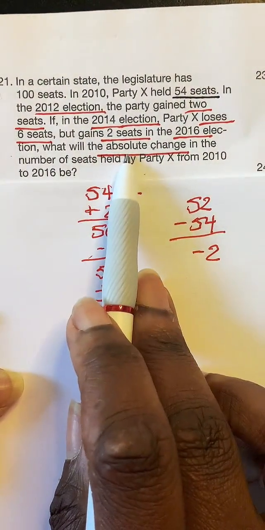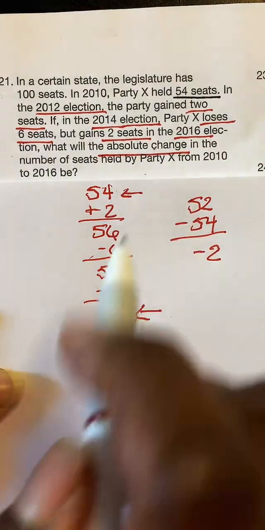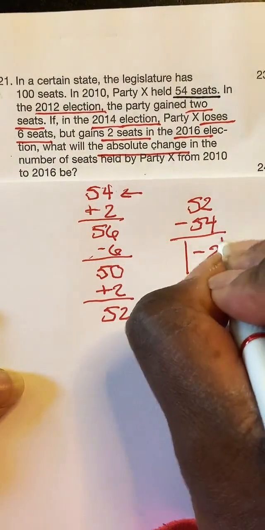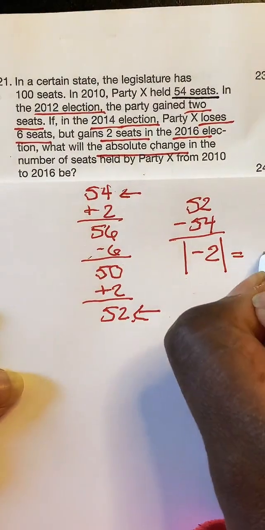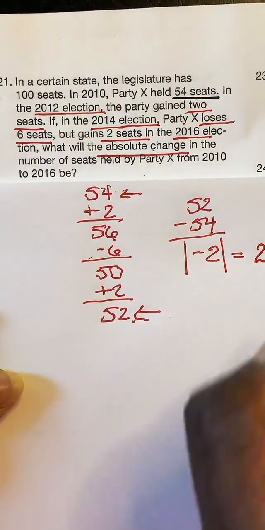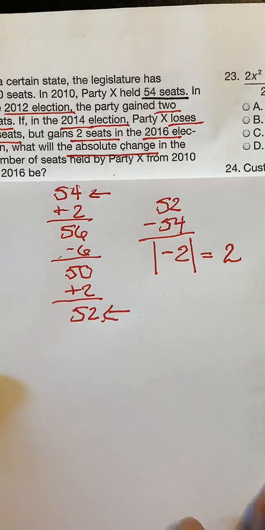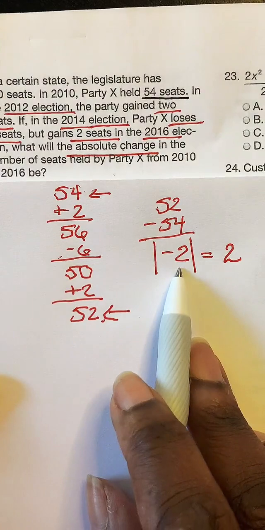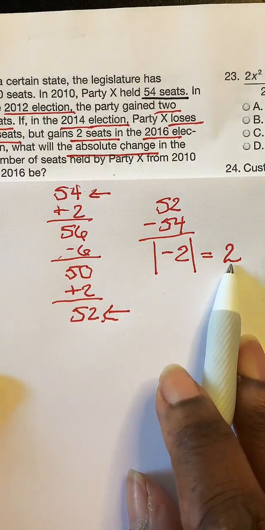But here's the key thing, the word absolute. If we're looking at the absolute value of that -2, remember, absolute values are always going to be positive. It's basically the distance away from 0. So the absolute value of -2 is going to be 2.